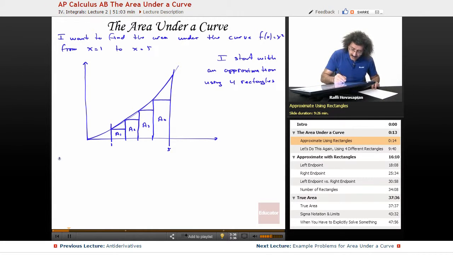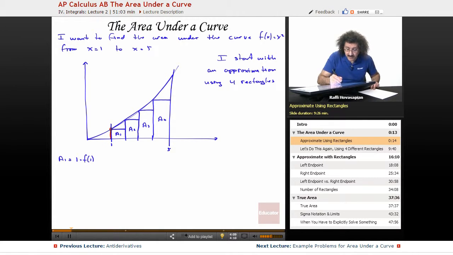So my first area, area 1. This is from 1 to 5, so this distance is 4. Well, if I break it up into 4 rectangles, each base length of a rectangle is 1. So the first area is 1 times f of 1, because this height right here, let me do it in red, is just f of whatever 1 is.